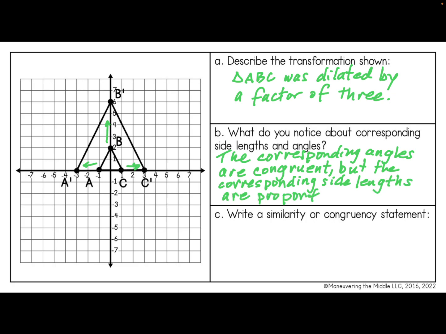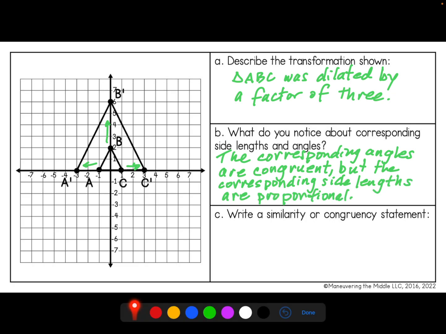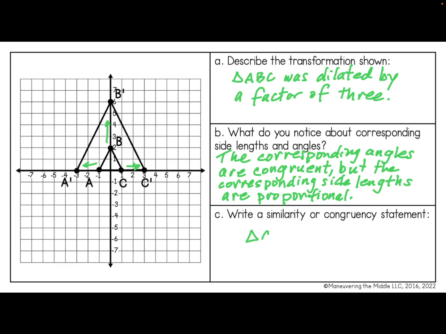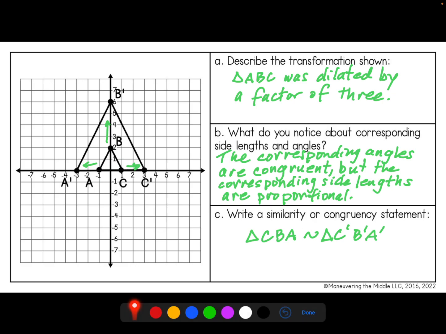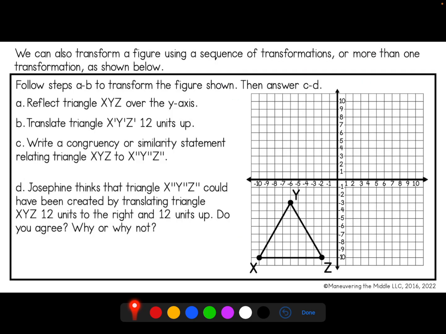The sides of the image are 3 times as long as the sides of the pre-image. That must mean that it's similar. So triangle ABC is similar to triangle A prime, B prime, C prime. Or in this case, triangle CBA is similar to triangle C prime, B prime, A prime.